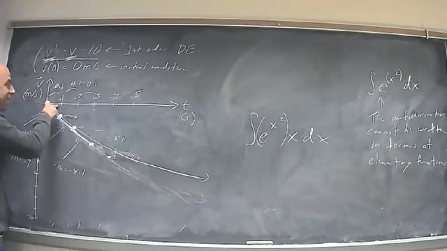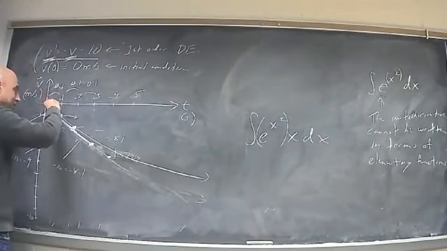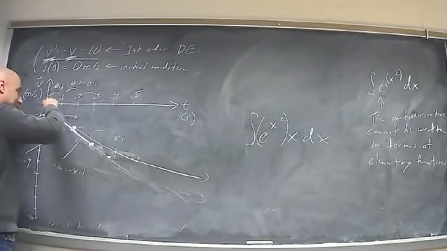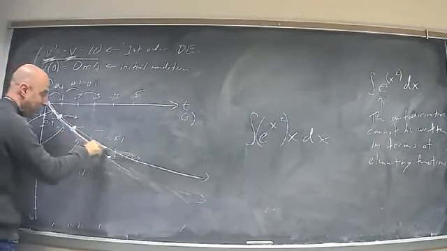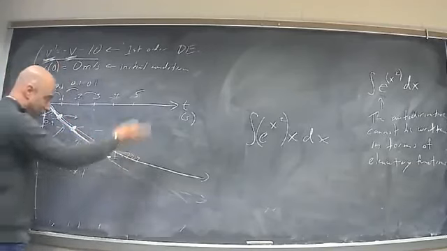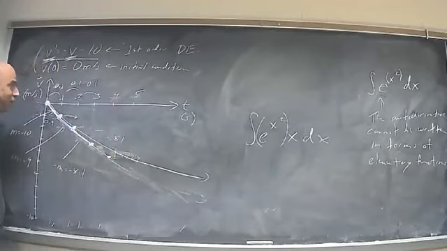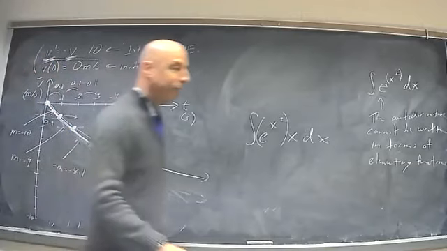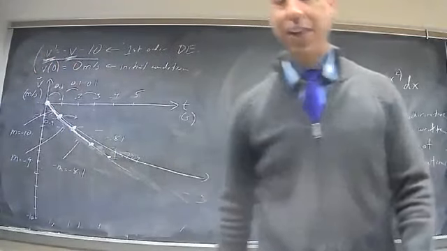If I had broken this down into a mesh half as wide, I would have only slid down this first one so far, then the second one would have had a different slope because I'd recompute there, and then recompute here, and I would have stayed closer to this curve for longer. Sooner or later I'm going to drift away again, but I would have stayed closer for longer. More work, more accuracy.